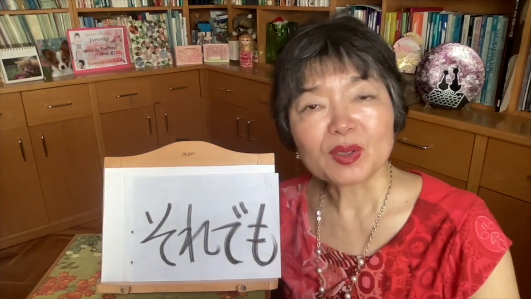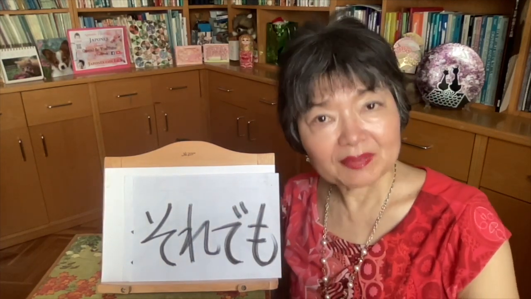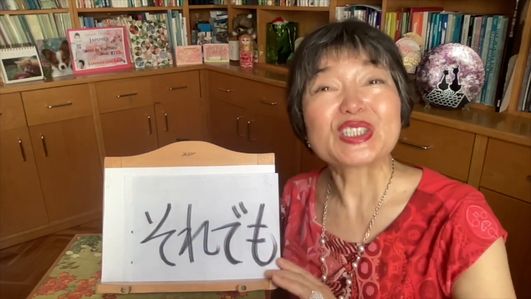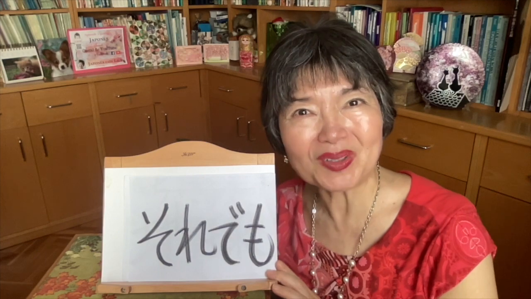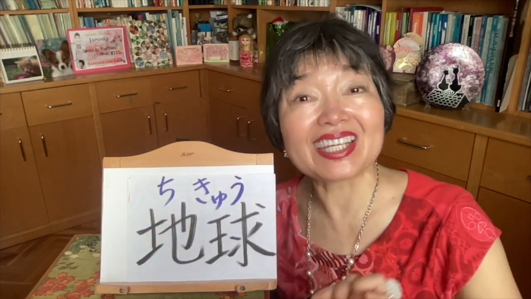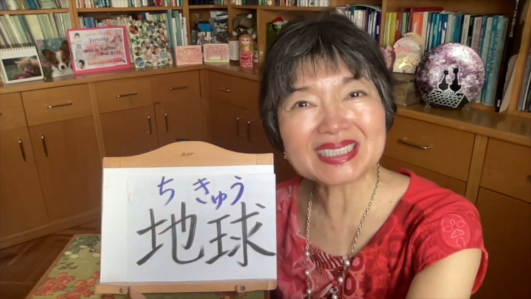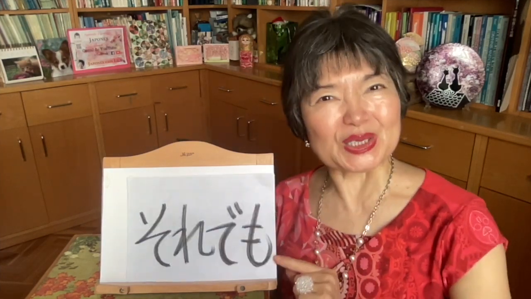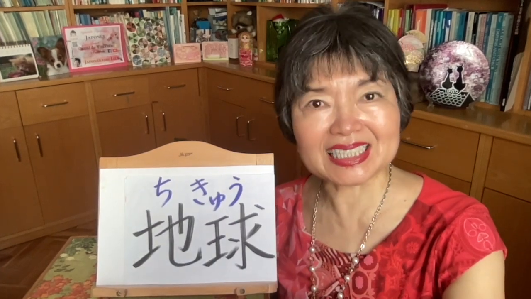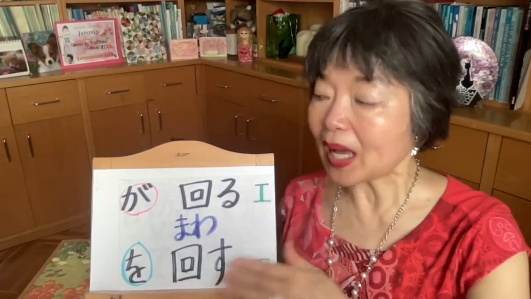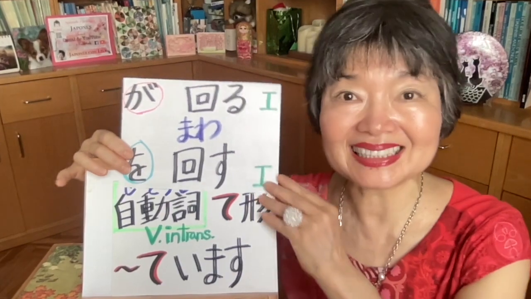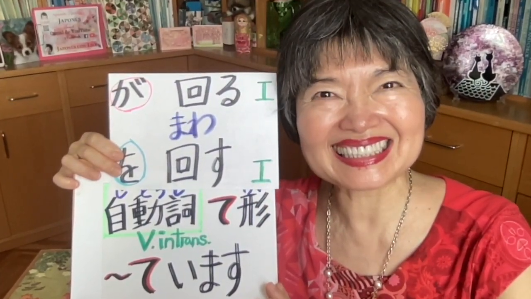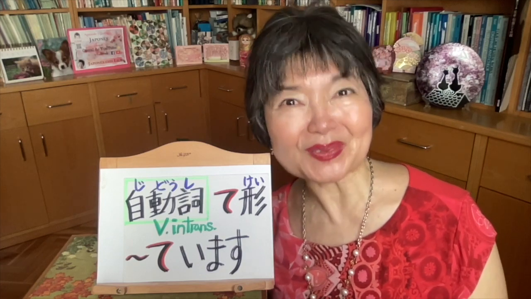In spite of, despite, even so, nevertheless, nonetheless, それでも、our planet, the earth. In Japanese we say 地球。それでも地球は回っています。We learned quite interesting verbs, right?